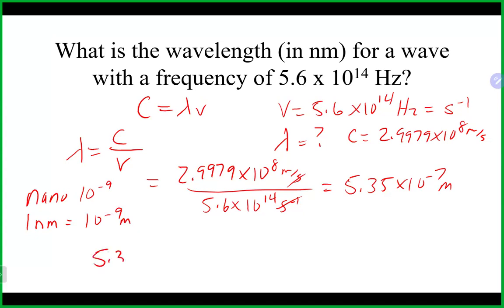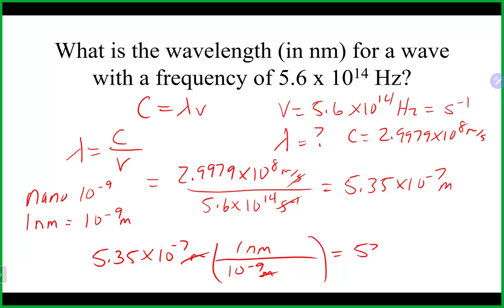So we go 5.35 times 10 to the minus 7 meters, and do a little dimensional analysis here: 10 to the minus 9 meters, which is 1 times 10 to the minus 9 if you need to punch that into your calculator. Those will cancel. It's going to give us about 535 nanometers. If you want to go by sig figs, since that's the only number we really have, I guess we could say 540 nanometers there.